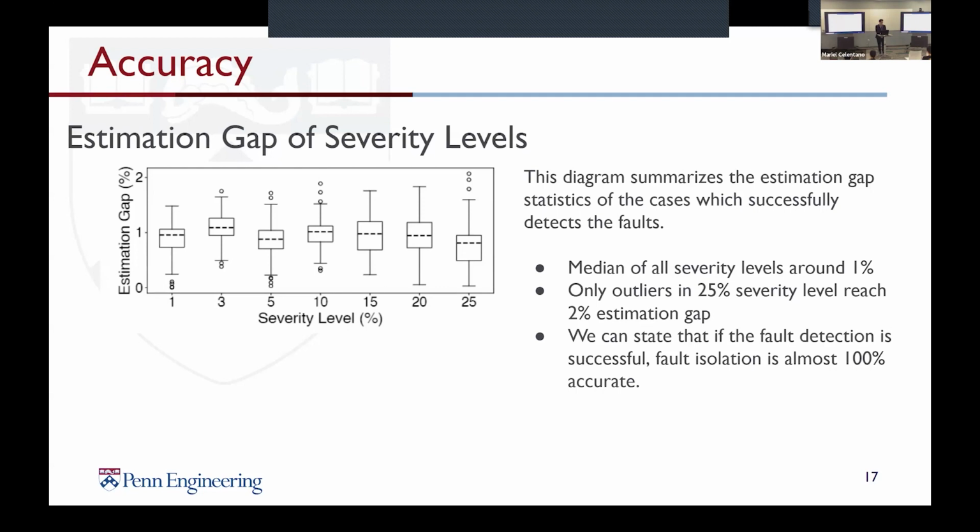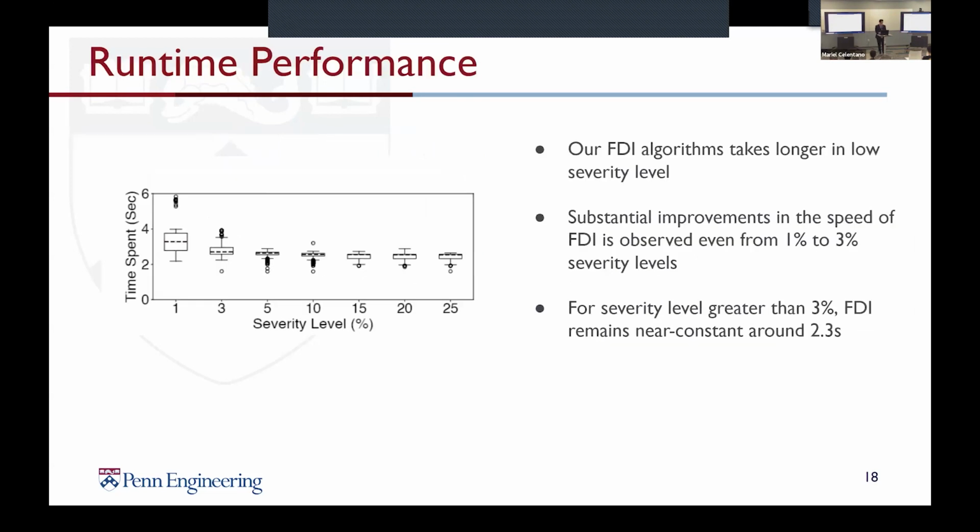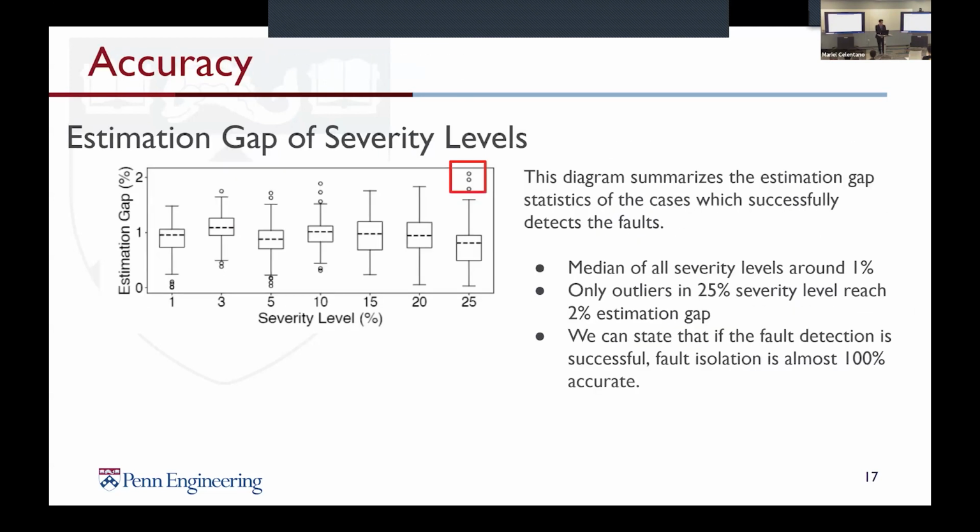From the diagram, the median of all severity levels is around 1%, which seems to be good, and only outliers at the 25% severity level reach the 2% estimation gap. So we can state that if the fault detection is successful, our fault isolation is almost 100% accurate.